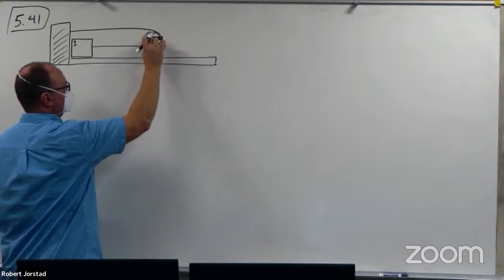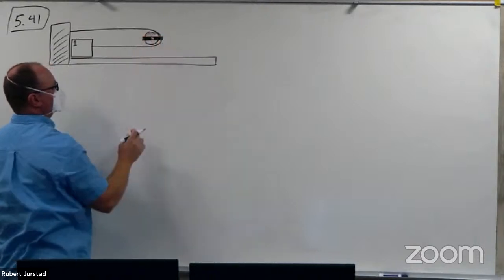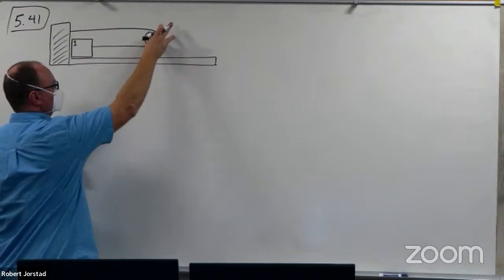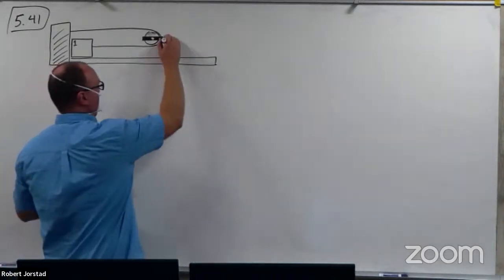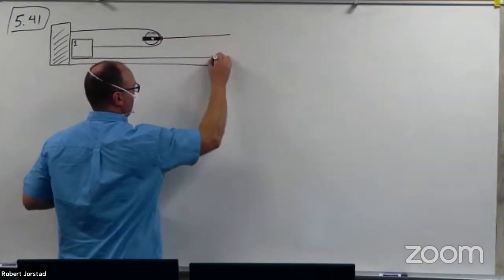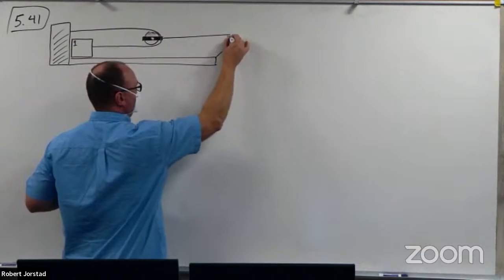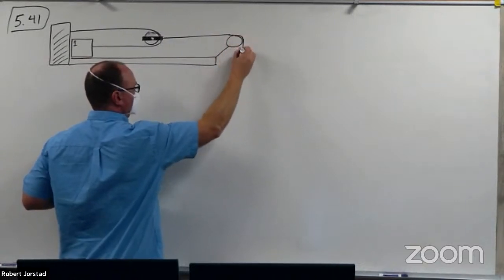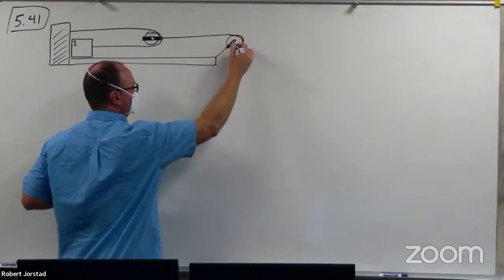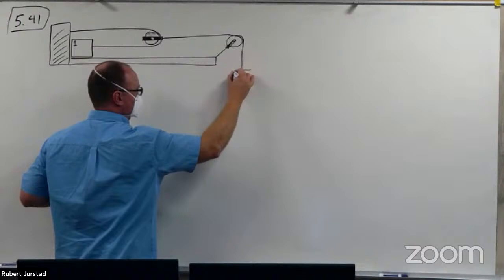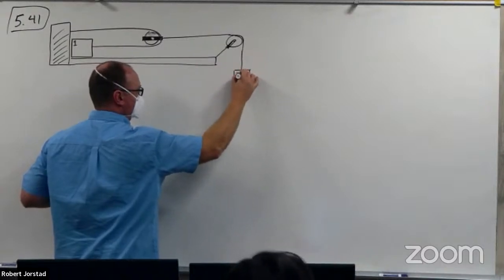So that dot is supposed to be the axle. Then connected to that, another pulley over here. I'll be a little bit lazier. Maybe I'll just draw it. There's a mass here. I'm going to call M2, I think.